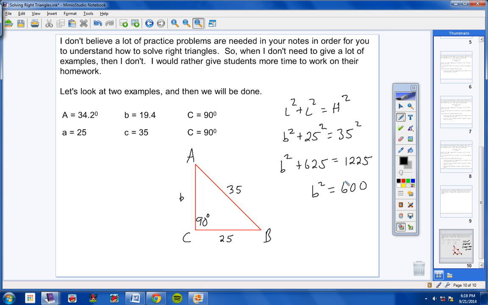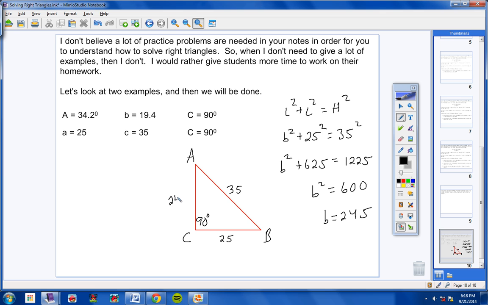Then take the square root of that, and you will get 24.49. I'm going to go ahead and put 24.5, okay? So there we go. All right, letter B right here is going to be 24.5.